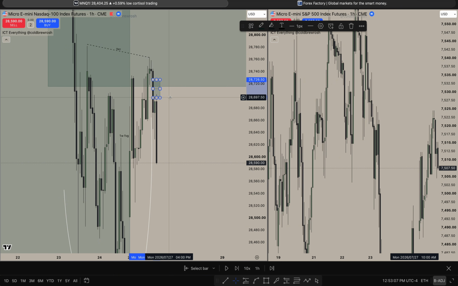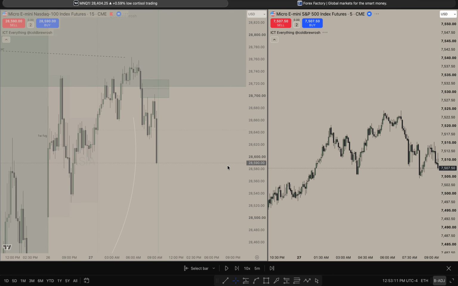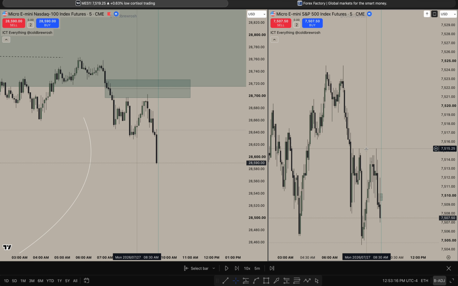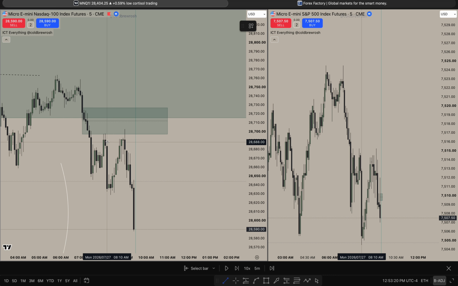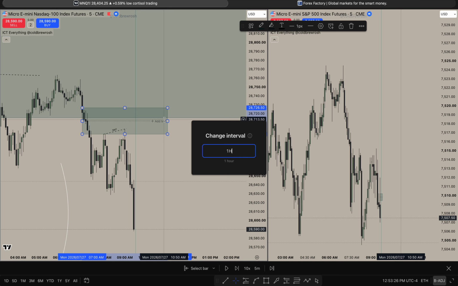So we have this 1 hour fair value gap we are rejecting. Zoom in. It's a bearish SMT. Equal high, so yeah, we can call it SMT. SMT right here. 1 hour fair value gap.